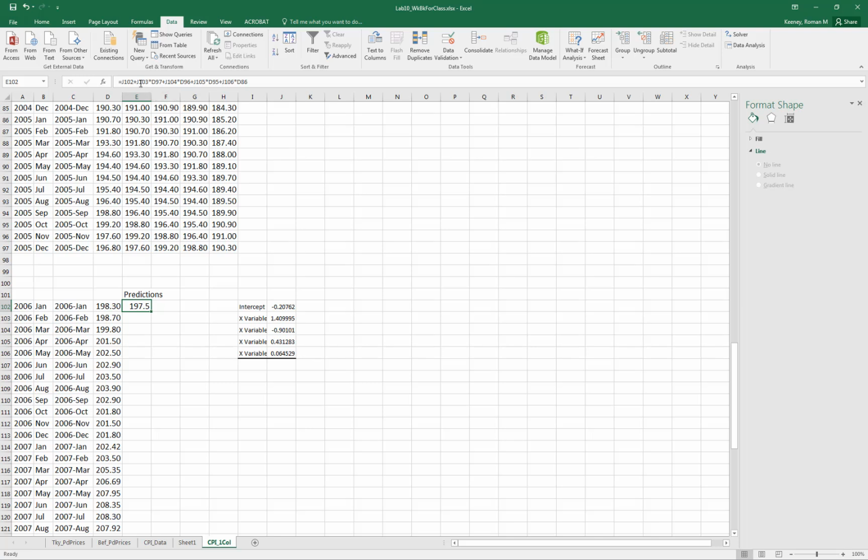Okay, and if I had done this a little bit better, I would have made J102. You can go up here and click on these, J102, J103, J104, click in the middle of those and hit F4, and you can make those references permanent. Okay?